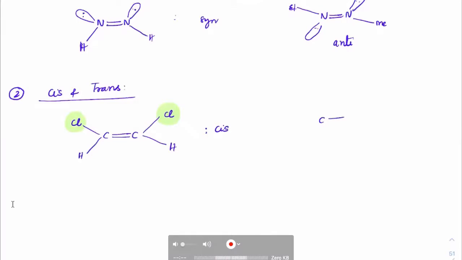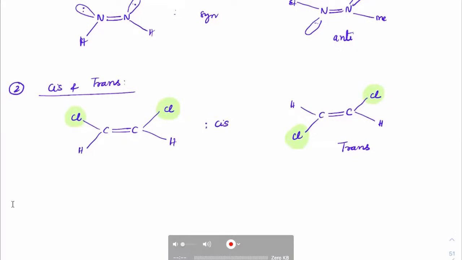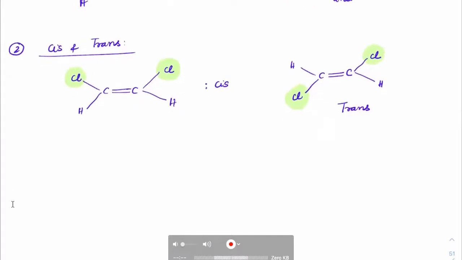If you have C double bond C with Cl here, H and H here, the comparison I'm doing is between Cl and Cl. So that will be the trans isomer. So, cis and trans isomers. We just have to check in which cases it will be cis and in which cases trans. Everybody understood that?